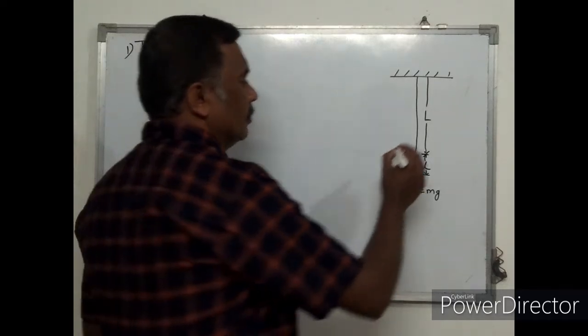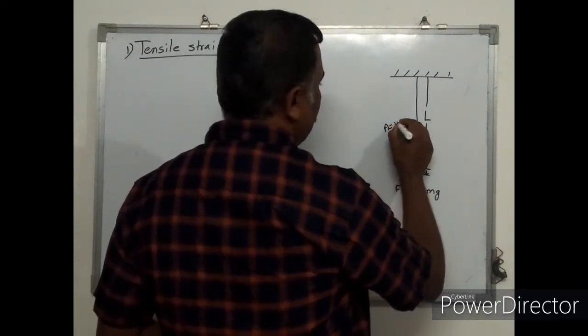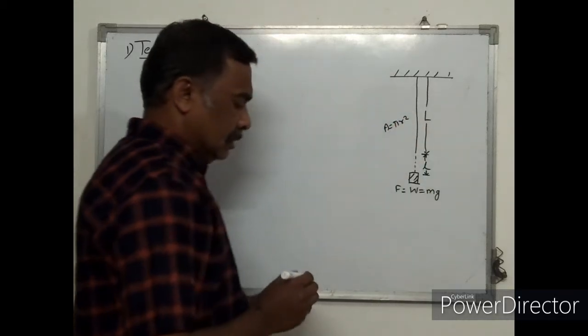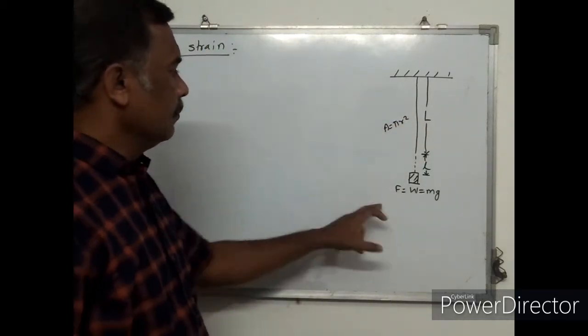And area of cross section of wire is A is equal to pi r square. The same diagram we have repeated here.